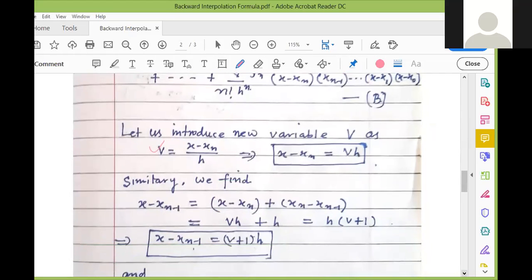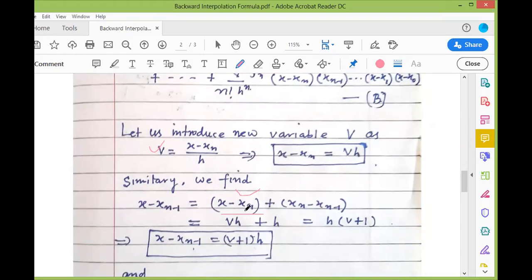Similarly, we find x minus x n minus 1. Look at here, we have simply manipulated this term: x minus x1 and plus xn minus x n minus 1. This is the additional term which we have introduced. So this minus xn will be balanced, or banished, with the help of plus xn, and minus x n minus 1 is this part.